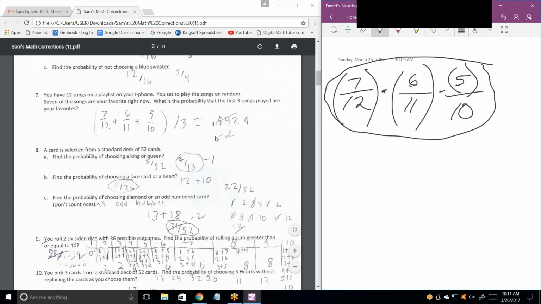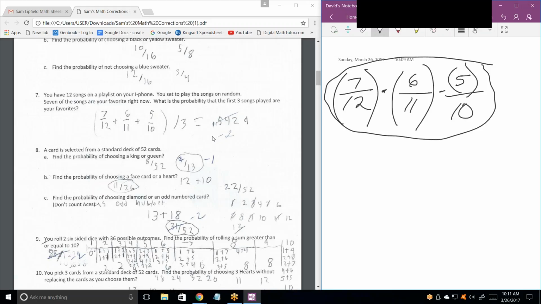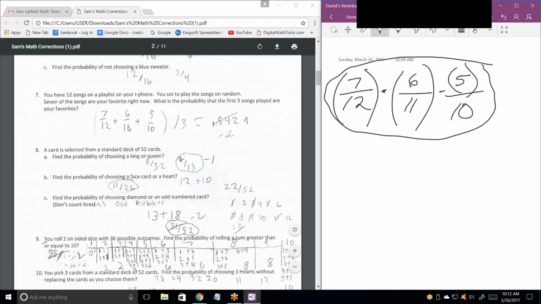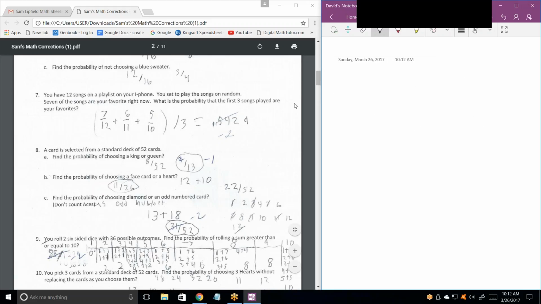But if you had to have 2 successes in a row, well then that's going to be about 7/12 times 6/11, and so forth. But always remember with probability that if all events have to occur, then you are multiplying, not adding.